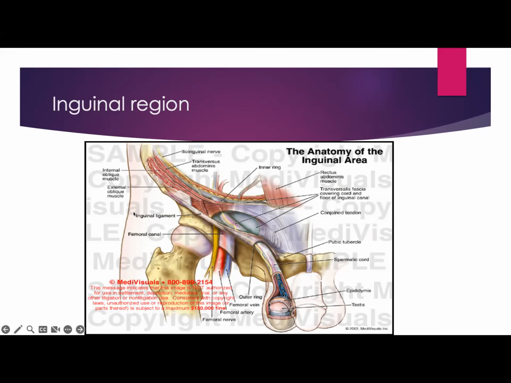Okay. So if you saw any intestines in the scrotum, then for sure it's going to be an indirect inguinal hernia. Okay. And there could also be another type of hernia, which is the obturator, but that's going to be very rare. Okay.